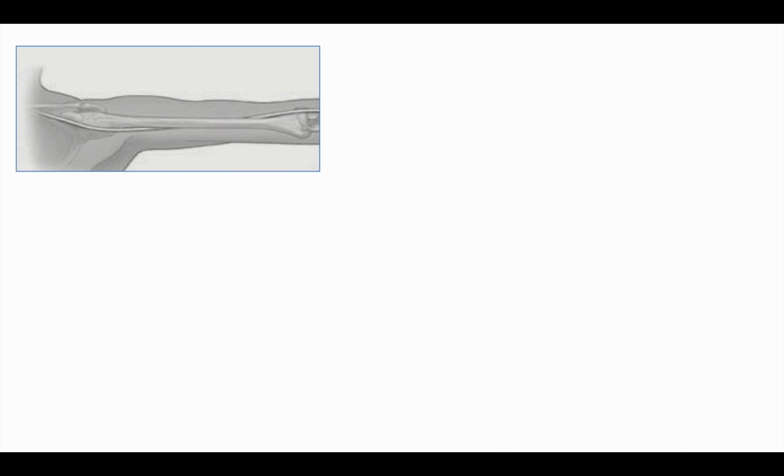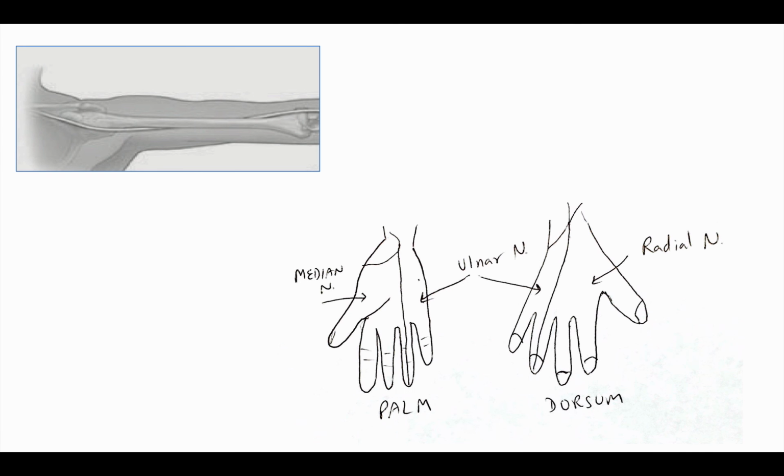So radial nerve injury causes wrist drop. Sensory supply, radial nerve only supplies the dorsum of the hand, including the thumb and a total of 3.5 digits. On the palm, median nerve and ulnar nerve supply the sensations.